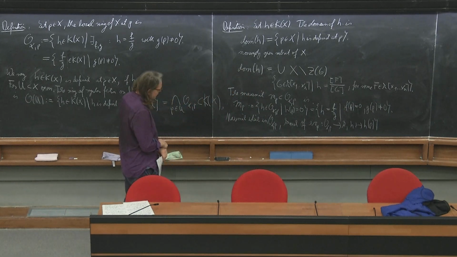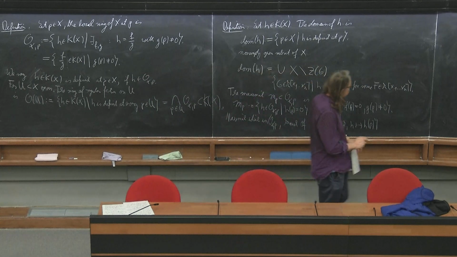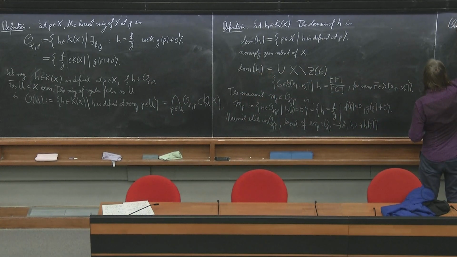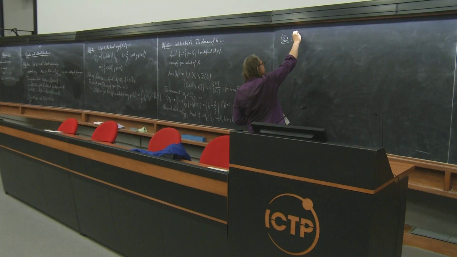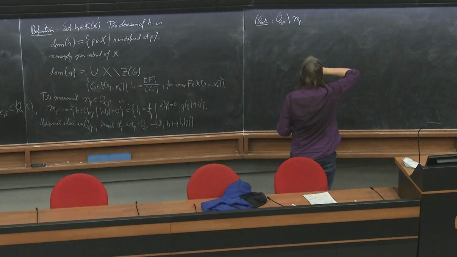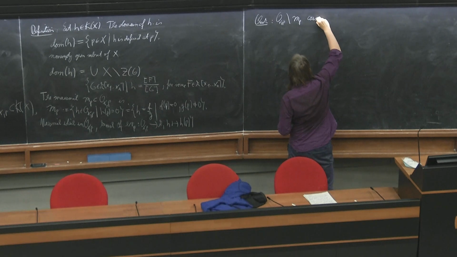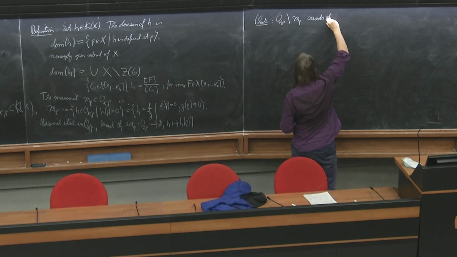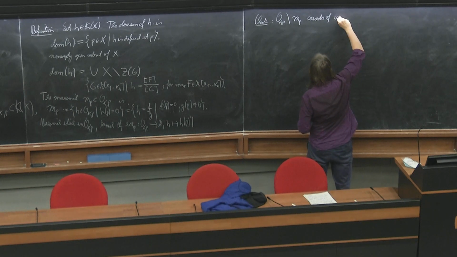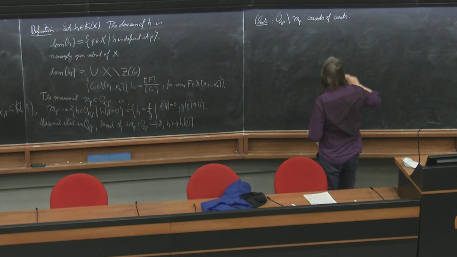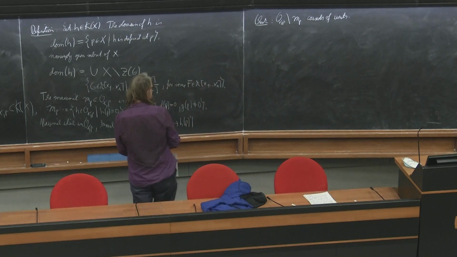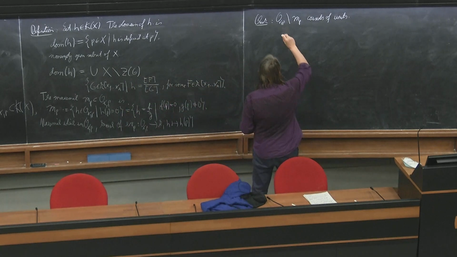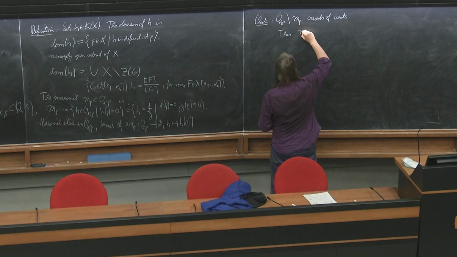Okay. Now, you can easily check that if I take O_{X,P} without the maximal ideal, it consists of units. Every element in O_{X,P} which is not in the maximal ideal is a unit.